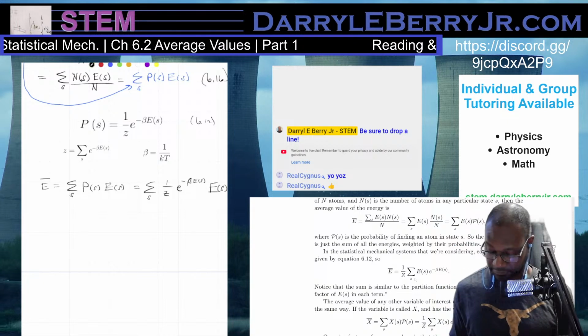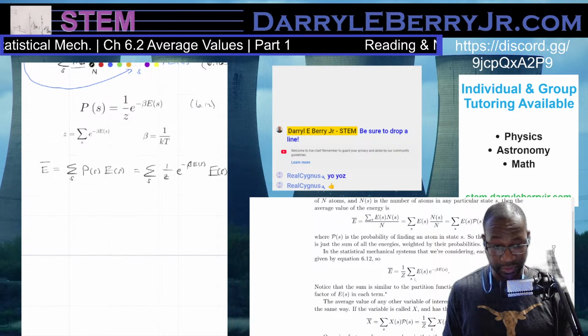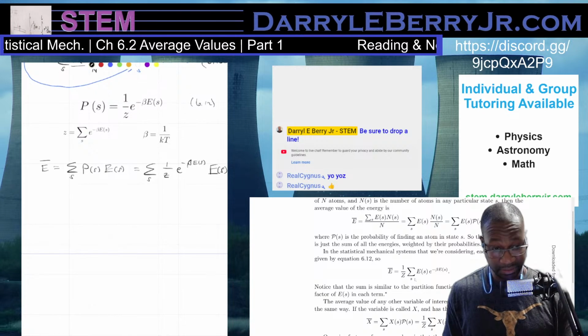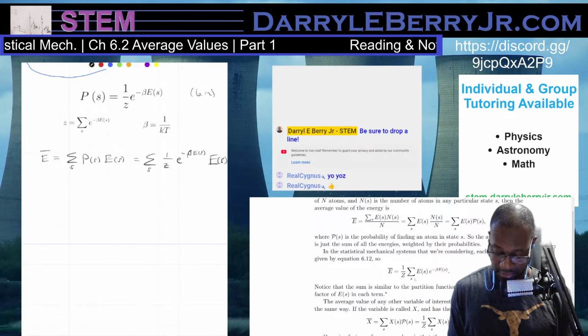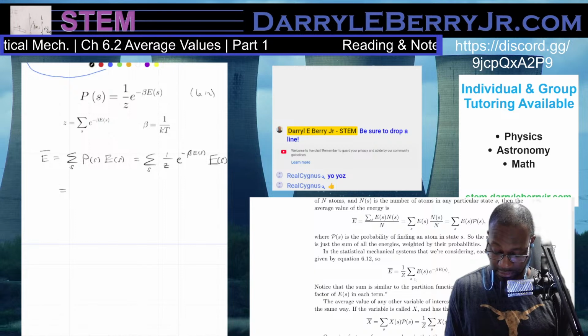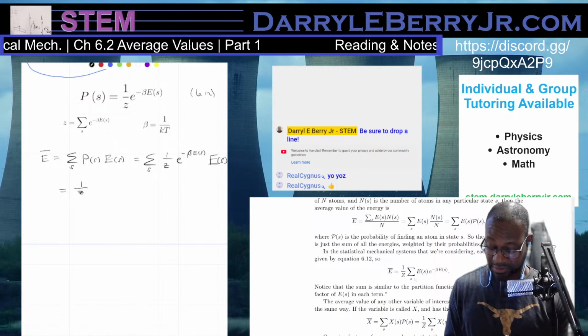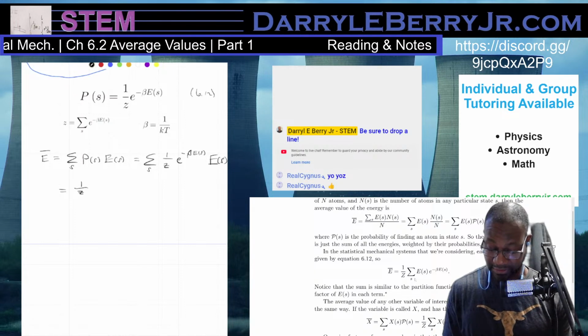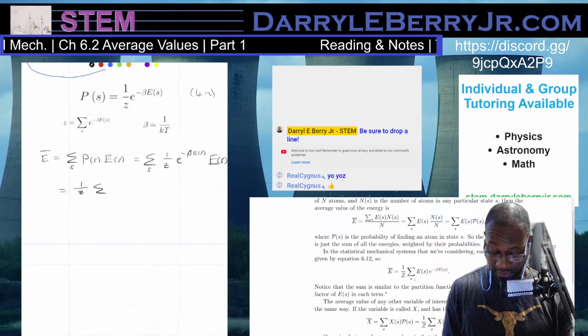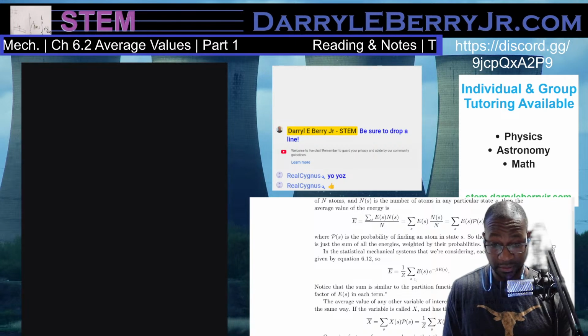So that's what they have there, even though they wrote it in the reverse order that I did. And it looks like they brought the partition function out since it's not a sum, since Z itself is a sum. And we have the sum here.